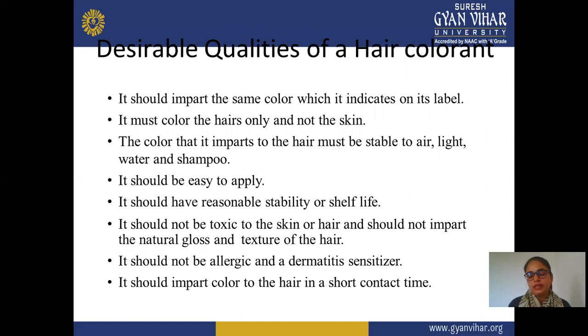Means when you apply the dye, it should be stable for a particular period of time and not show any problem due to air, light, or any other factor. It should be stable with water and shampoo, and after a particular time period it gets washed off with water and shampoo.